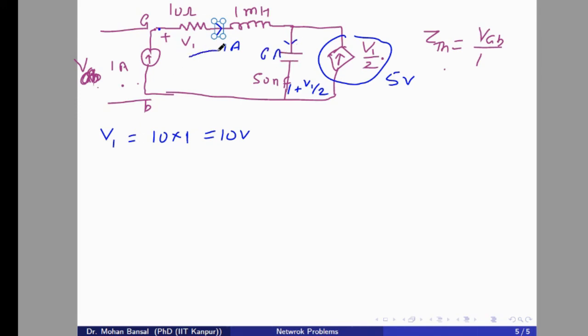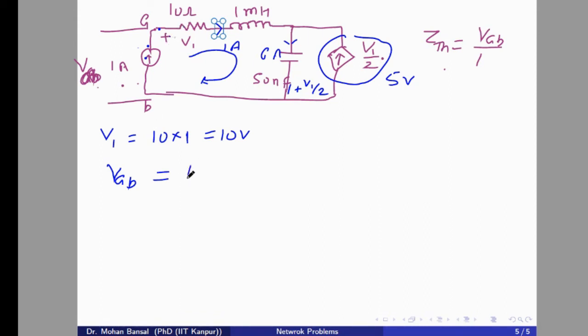Now if we apply the KVL in this entire loop, so we will get expression with VAB, that is the voltage across the current source. VAB is equal to V1 into I, that is V1 is equal to 10.